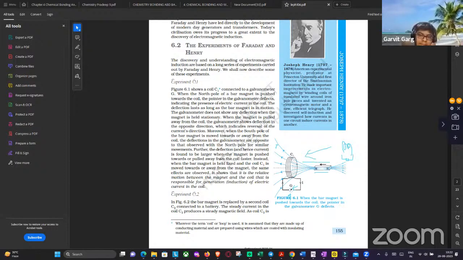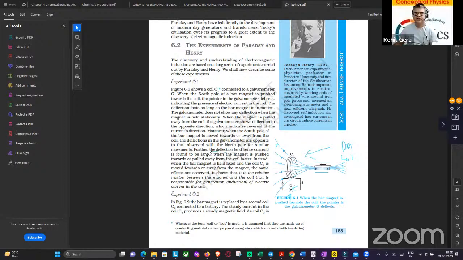Further, the deflection is found to be larger when the magnet is pushed towards or pulled away from the coil faster. So अगर ये आप तेजी से इसकी तरफ लेके आओगे और तेजी से पीछे ले जाओगे, दोनों ही केस में the deflection is seen in the galvanometer.